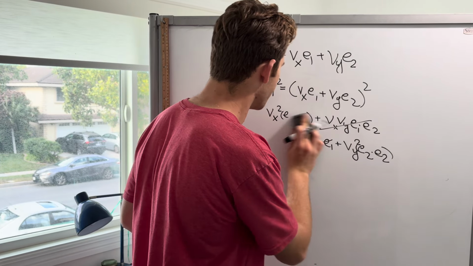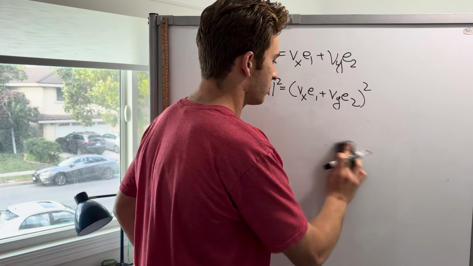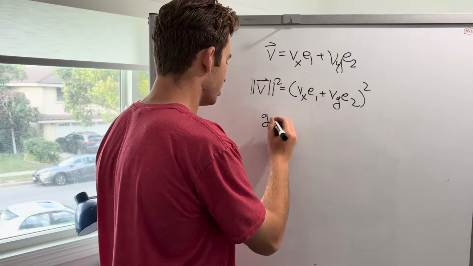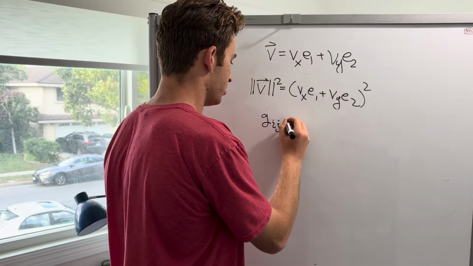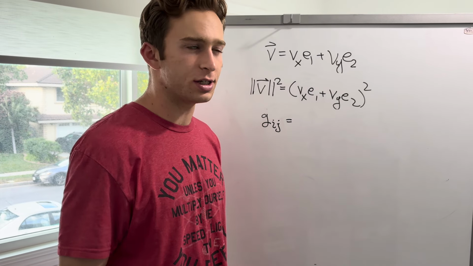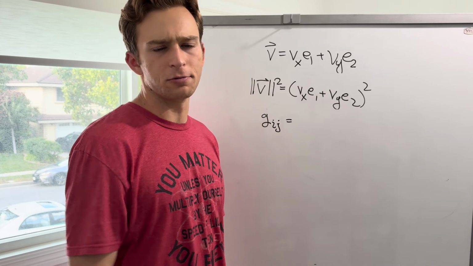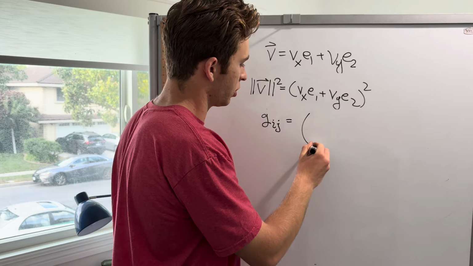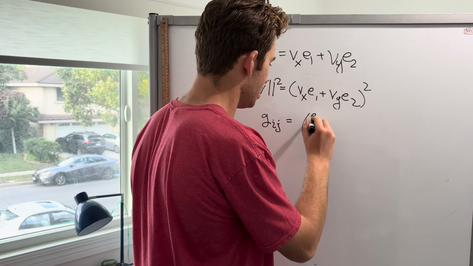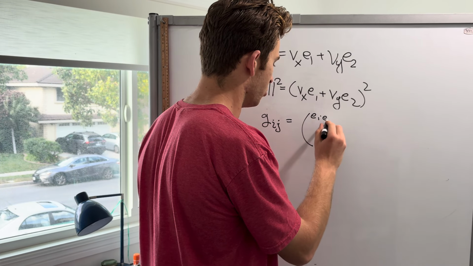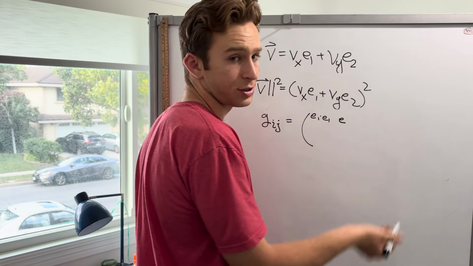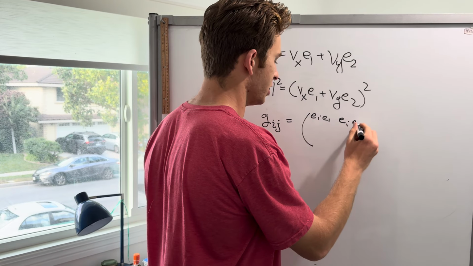And so what we're going to do is make a matrix. We're going to call this matrix Gij. i and j are just indices referring to different rows and columns of the matrix. Now, we're going to call this e1 dot e1. That's our first row and our first column. Our first row and our second column we're going to say is e1 dot e2.